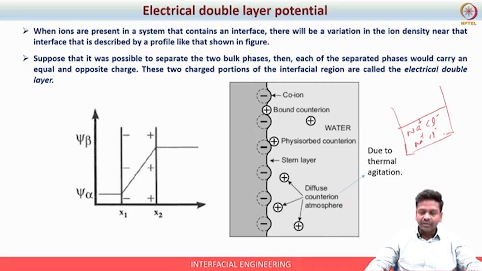Now the question is, what is the charge of the entire solution? That will be neutral, because Na and Cl will be distributed such that the electroneutrality condition is achieved, which means the charge of the solution will always be neutral.